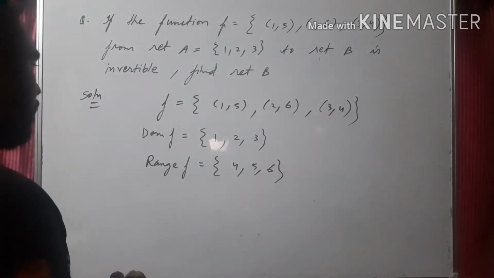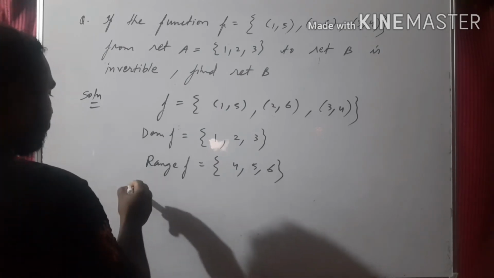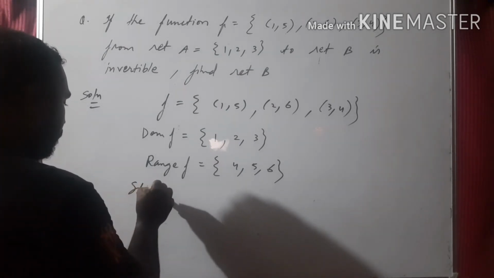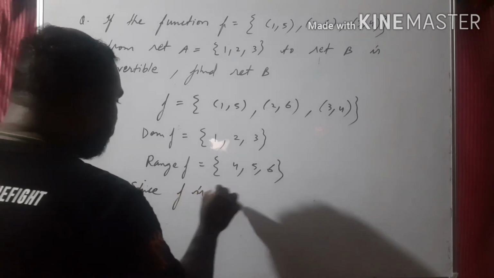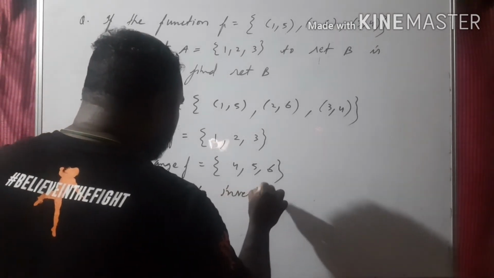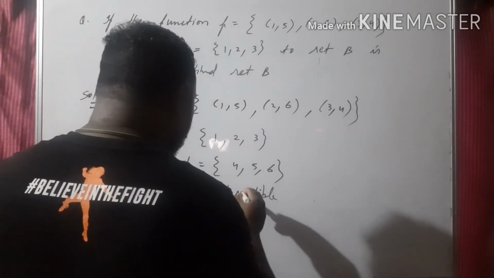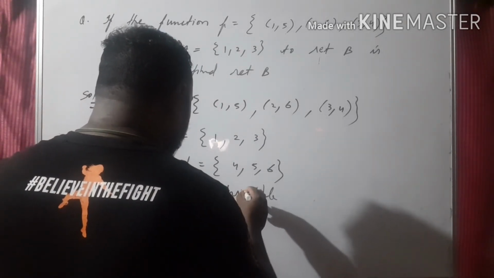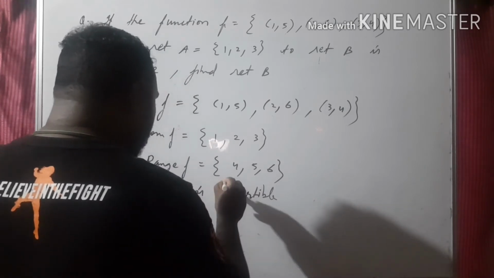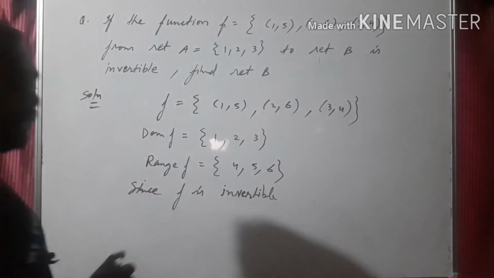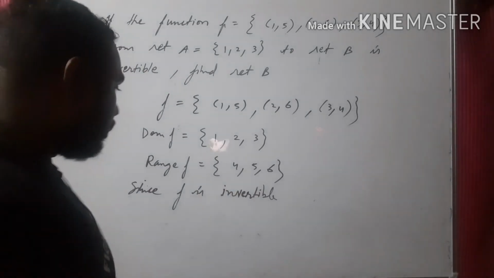Okay, now you see, it's given that f is invertible. If f is invertible, then we know that f is invertible only if f is one-one and onto.